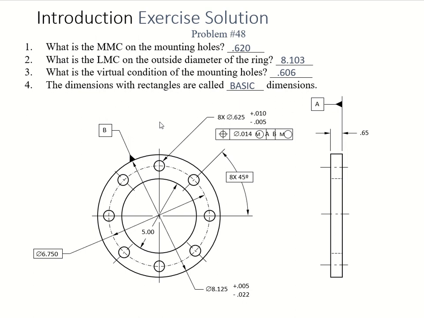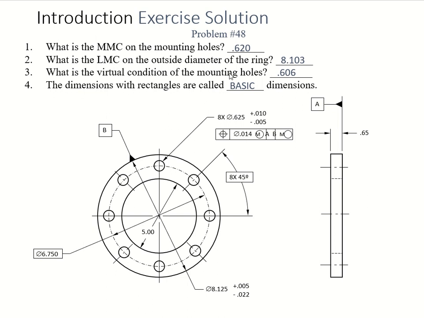And then your virtual condition of the mounting holes is going to give you 0.606. All you have to do is add this one, 0.0140. Sorry, you have to minus 0.014.